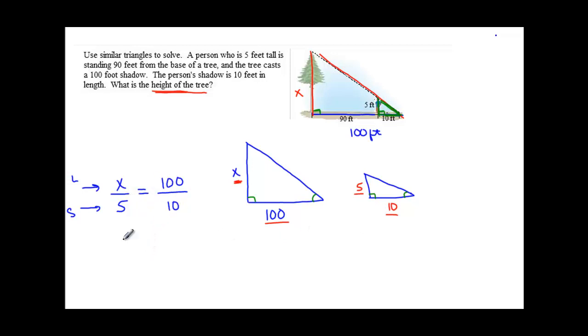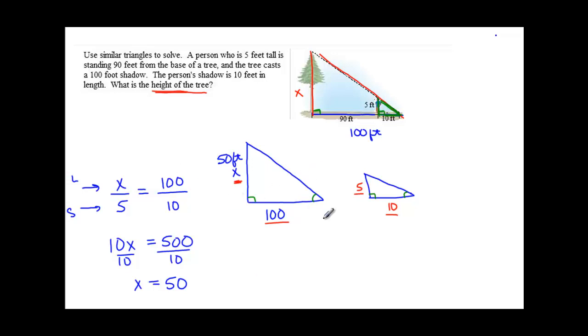And then I could cross multiply. I'd have 10x equals 500. Divide both sides by 10, and x would equal 50, which means that this missing side must have a length of 50 feet.